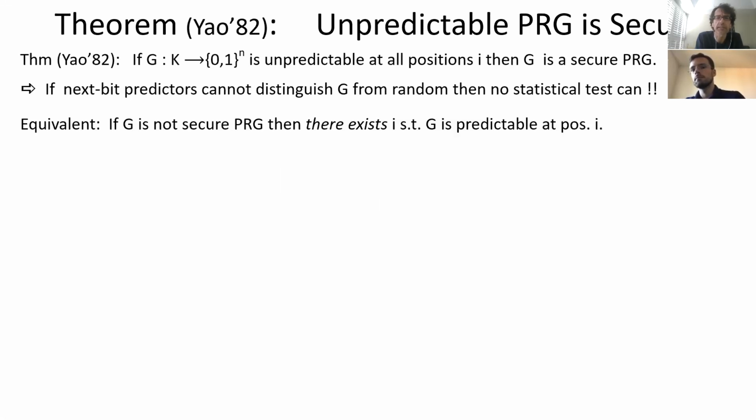Because we're going to go by contrapositive again, so that's the technique we essentially stuck with throughout the class and the field in general: let's assume there is an attacker that distinguishes the full output from random.